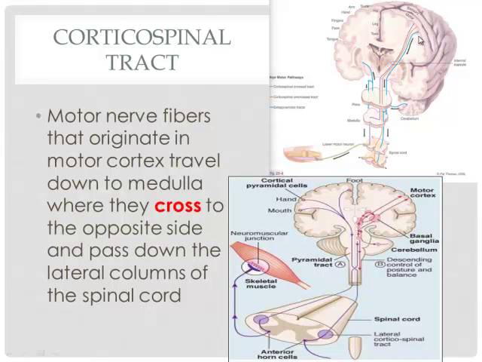But if they have a stroke in an area that might control, let's say this finger, their stroke is going to be up in the left hemisphere, and that might actually cause some damage that's not going to send those signals correctly down to the lower motor neuron that might be going down to their finger. So this finger might, actually the whole arm might not be able to move.